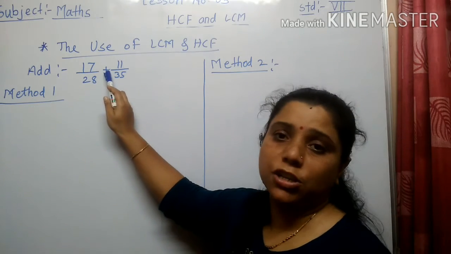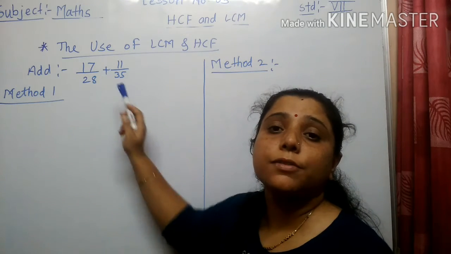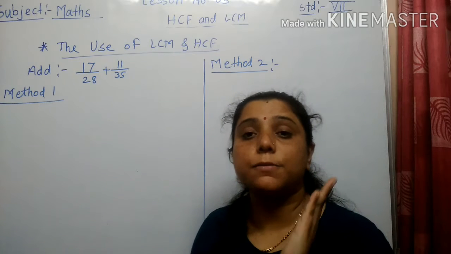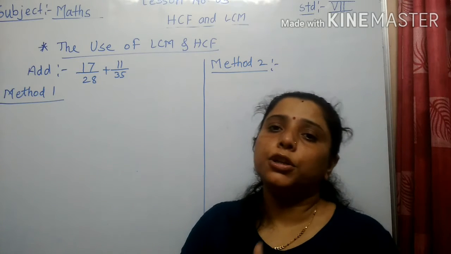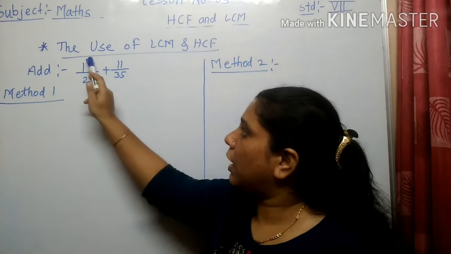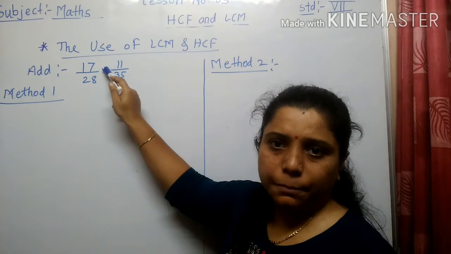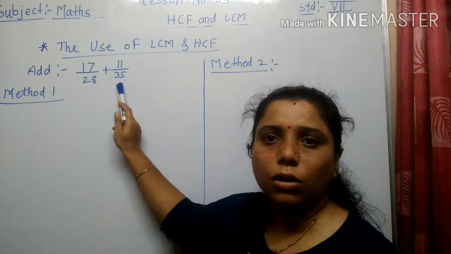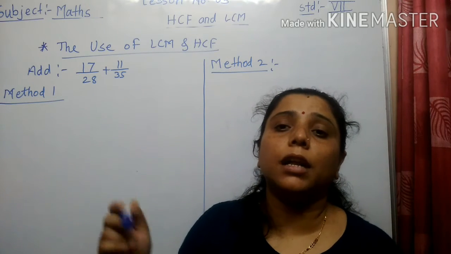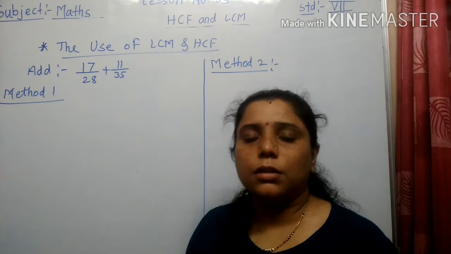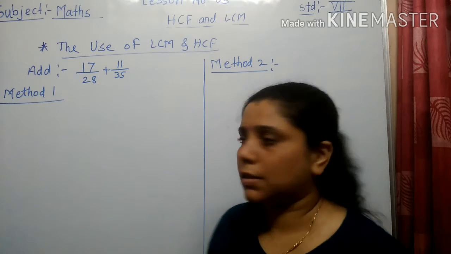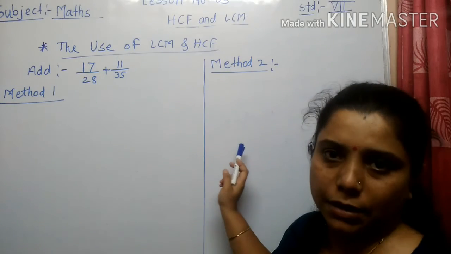If you are adding fractions, your denominators must be the same. Then and only then you can add the numerators. Here, before adding, the denominators are not the same. So try to make the denominators the same. How to make the denominators the same? There are two methods. I am explaining both the methods.